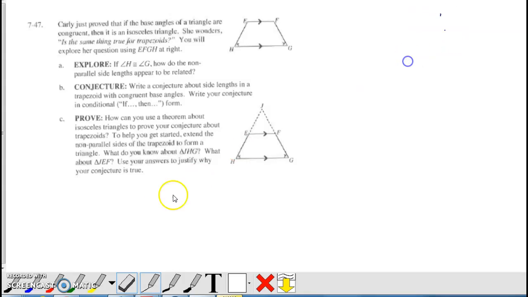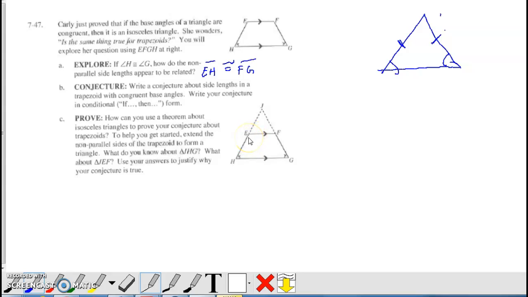Let's draw that one again. Okay, so let's pretend that this is an isosceles triangle, and if our base angles were the same, we just proved that these sides would be the same. So it seems that we should say something to the effect of maybe EH would be congruent to FG. That seems to be kind of the same idea for line segments.